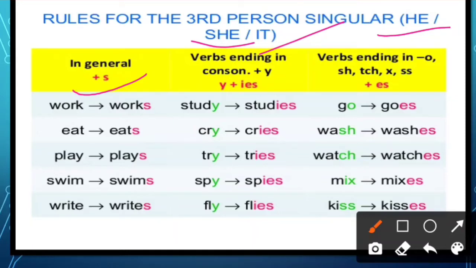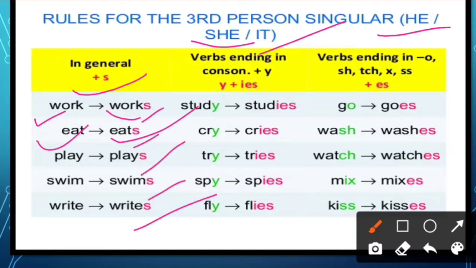But now the question is, when s and when es? Here, for example, work will become, in third person with he, she, it, works. Swim, swims, play, plays, write, writes.